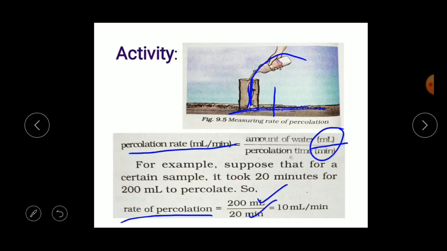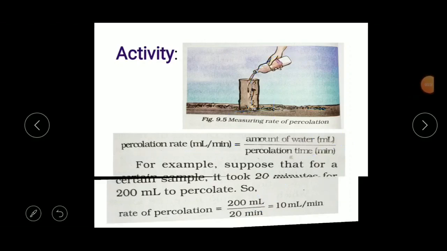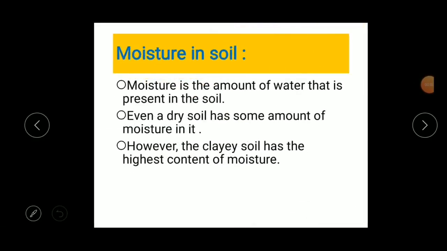Just imagine it, because as I said, the percolation rate differs from soil to soil. So 200 ml divided by 20 minutes is equal to 10 ml per minute. Understood children?